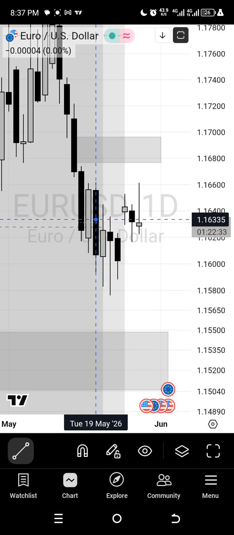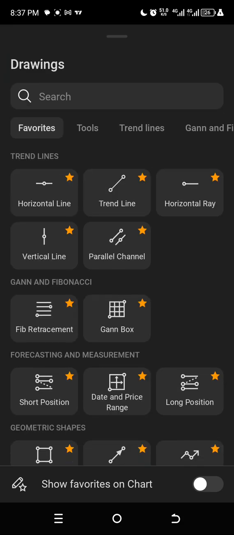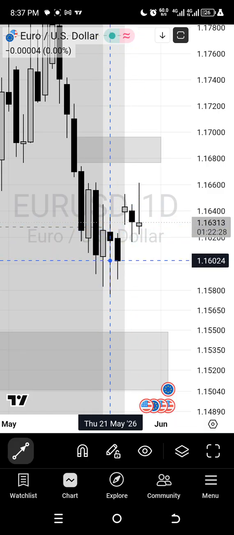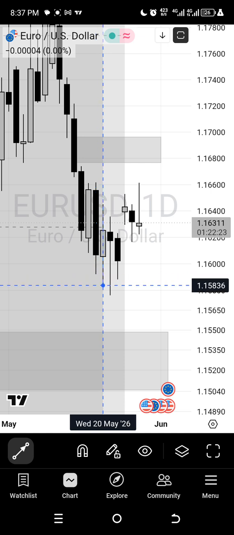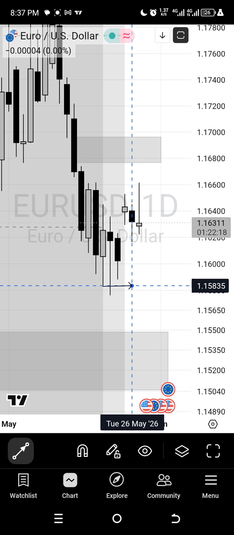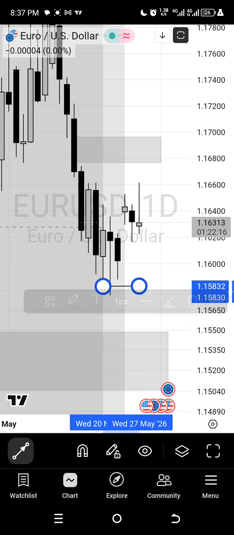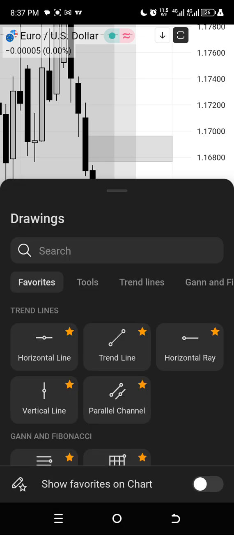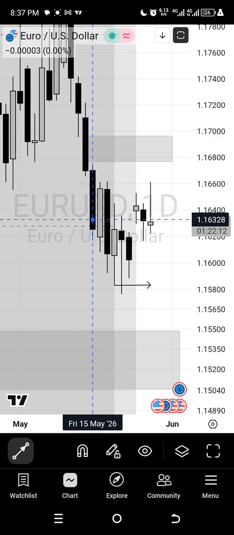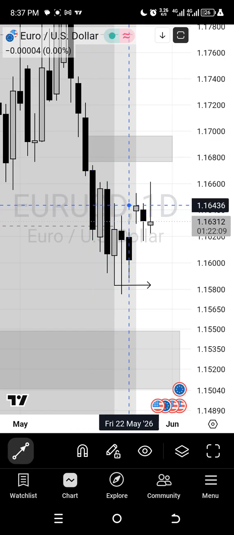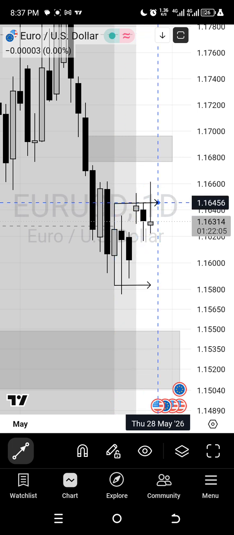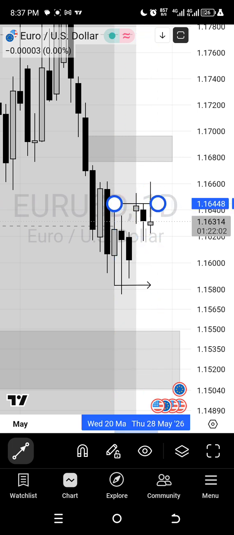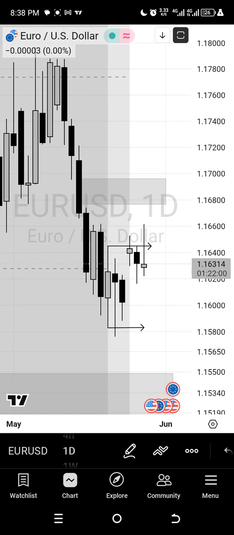We first got this CRT that formed at that daily fair value gap, which you guys can see, and the market made its way up towards the CRT high. We even call this the CRT high.